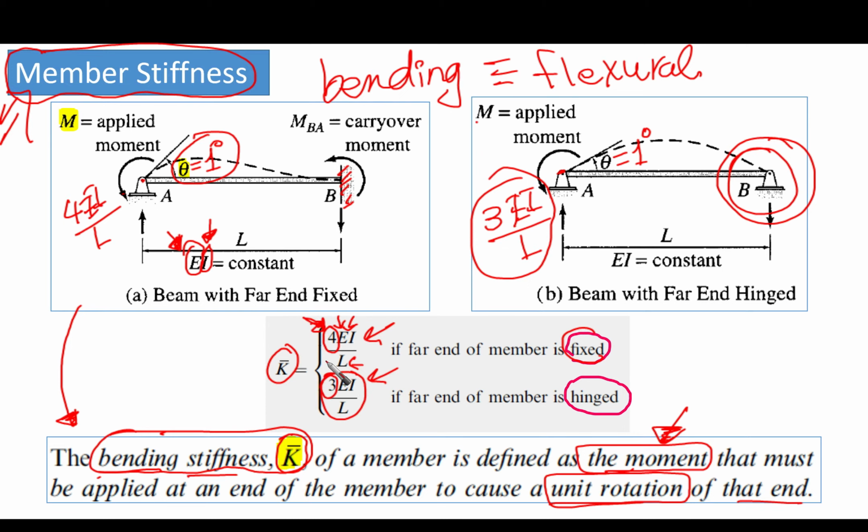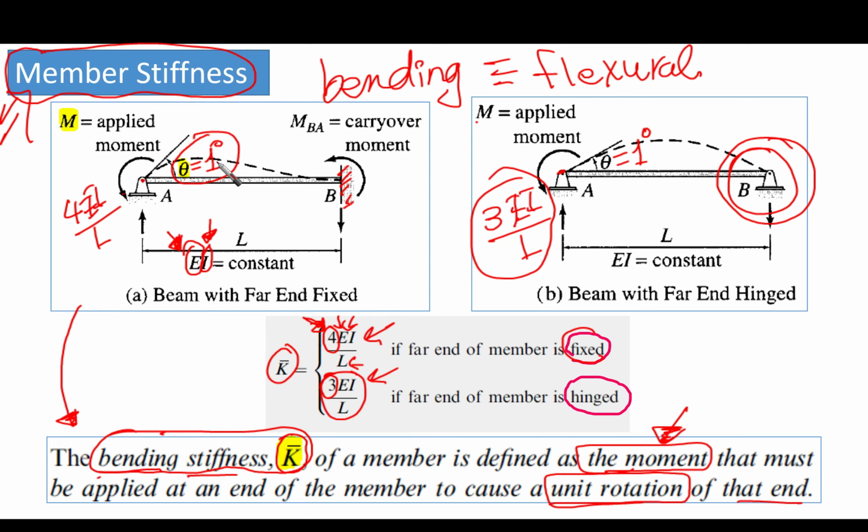This means that the magnitude of the moment that I should apply, if we have everything constant, E, I, and L, is more when the far end is fixed, 4EI over L, compared to the case where the far end is hinged, where I should only apply 3EI over L. So if the far end is fixed, the applied moment is going to be larger than in the case of the far end hinged by 1/3.